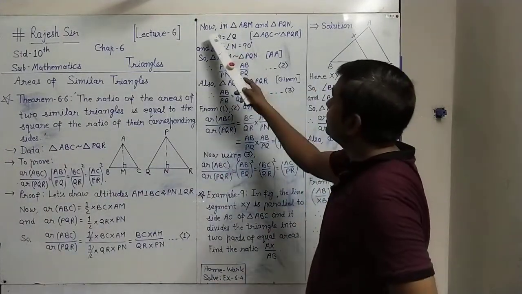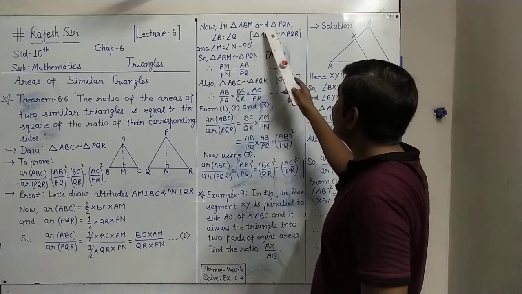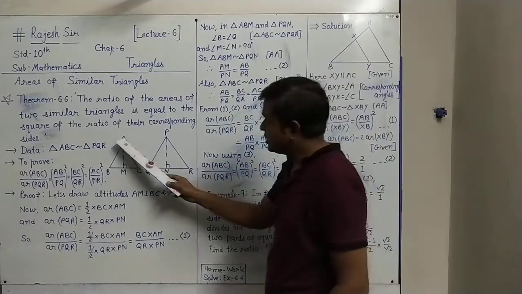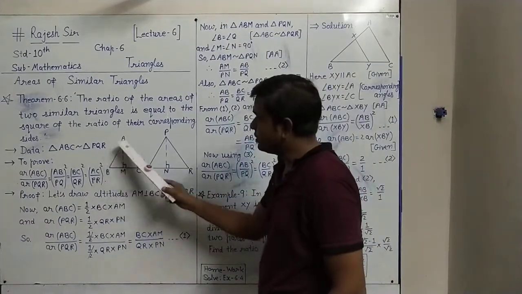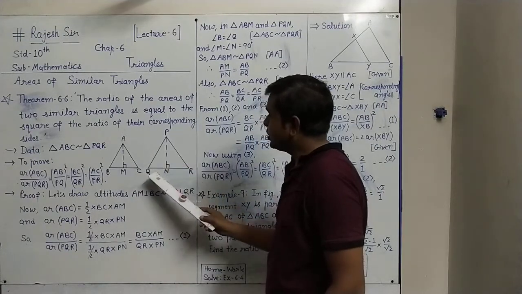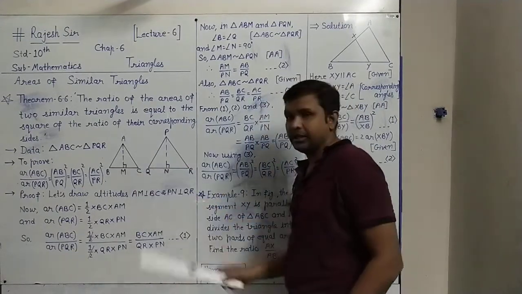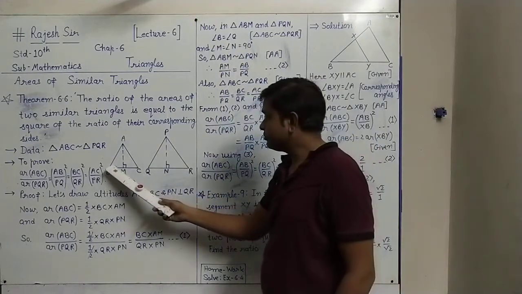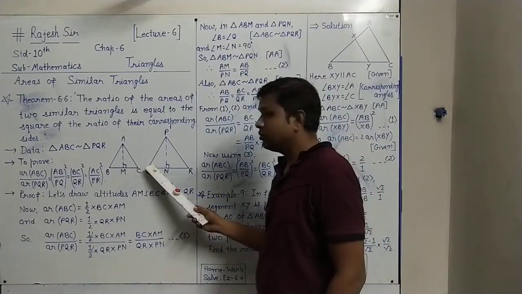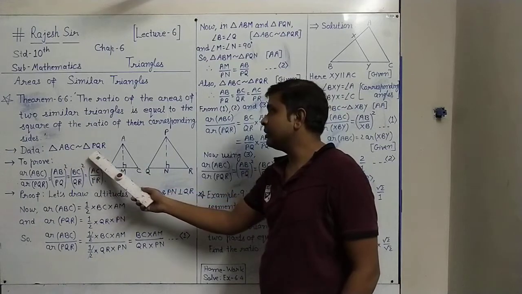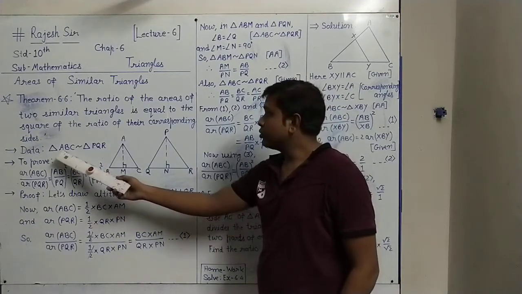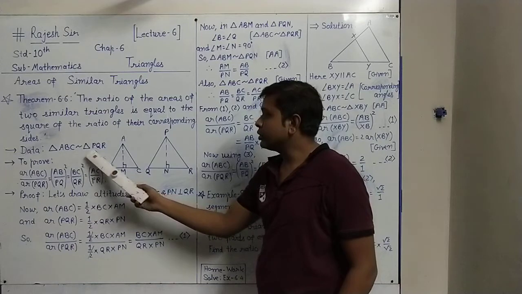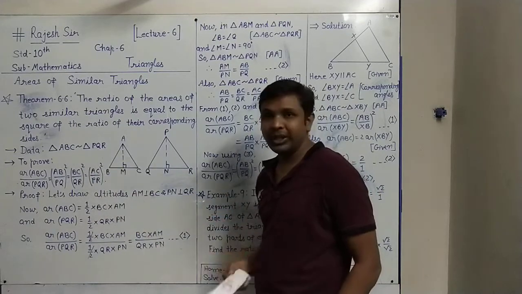Now next, in triangle ABM and triangle PQN, we compare both the triangles. In that, angle B equals angle Q. Why? Because triangle ABC is similar to triangle PQR, it is given. So angle A equals P, B equals Q, C equals R, all the corresponding angles are equal.